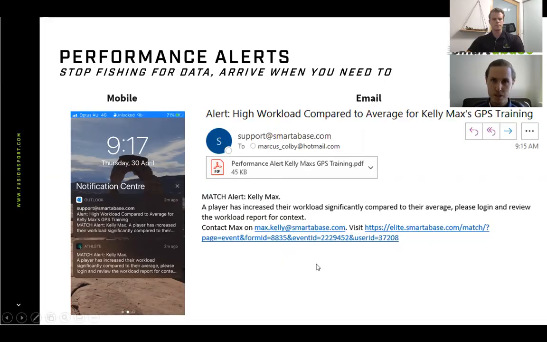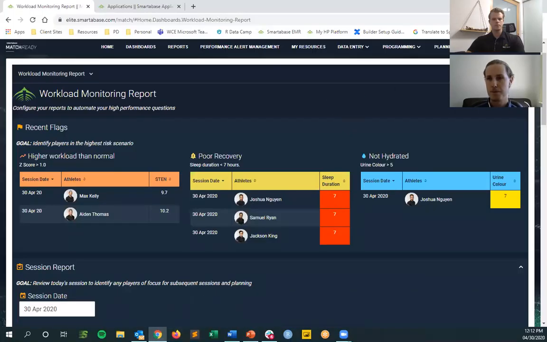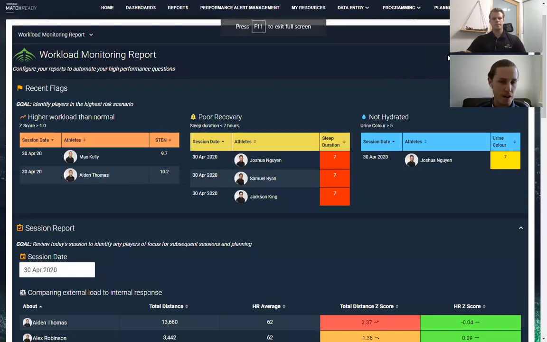Great. So I'm just going to flick across to the actual platform itself. For this example, I want to take you through my mental model or philosophy and process around data visualization when we're looking at a workload monitoring report.